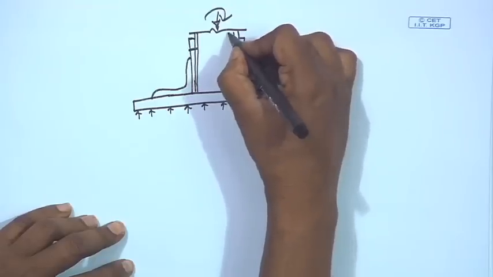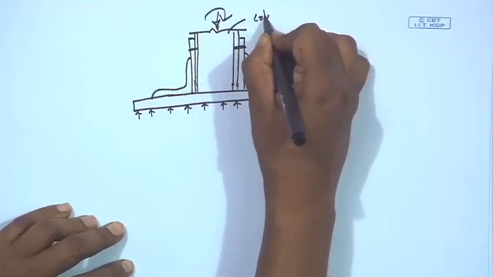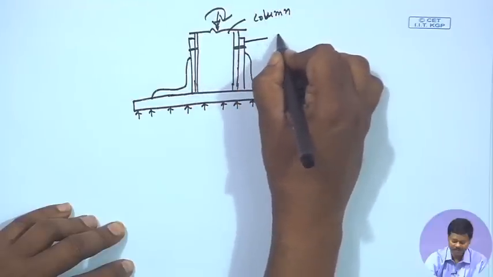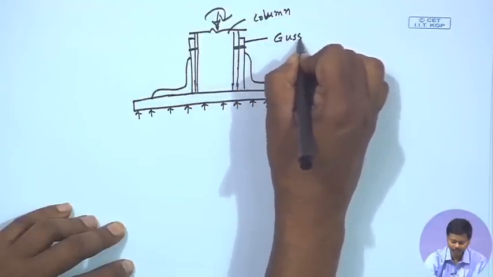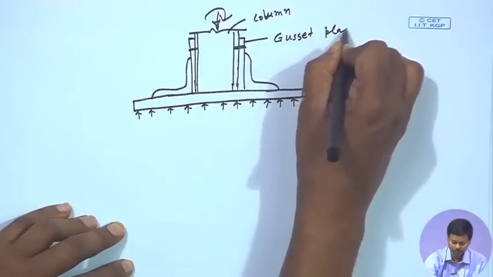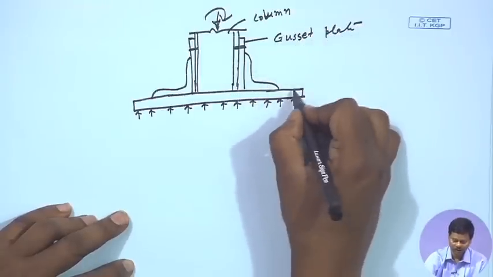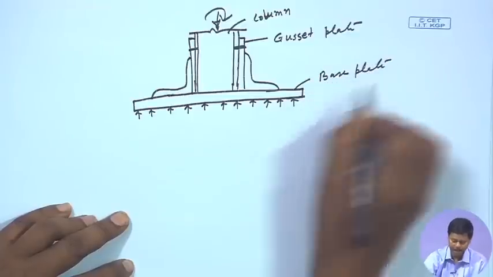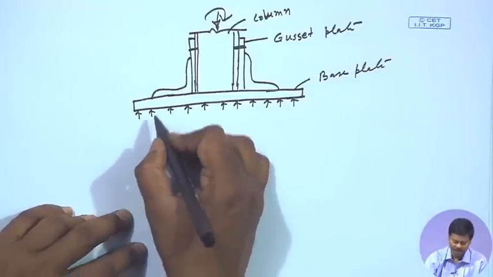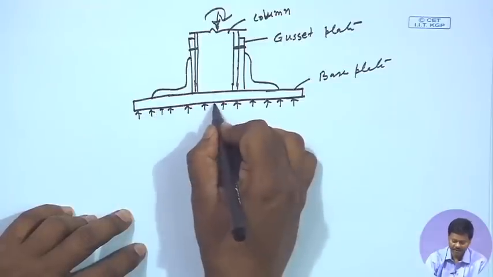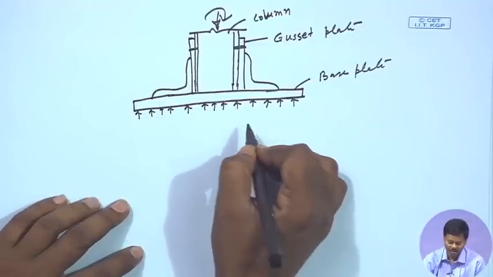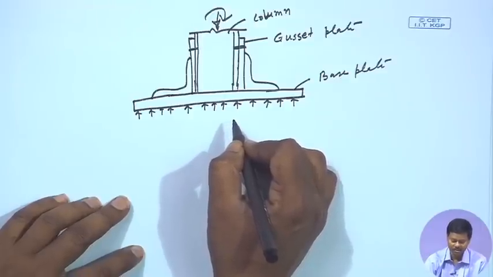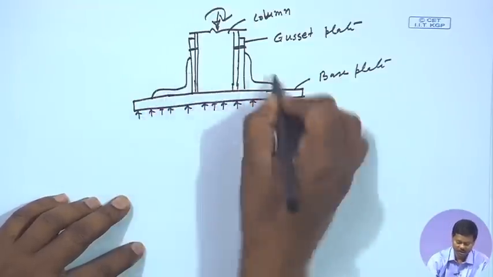This is the column, this is the gusset plate, and this is the base plate, and the base plate is undergoing the pressure coming from the concrete pedestal because of the reaction, and this is the gusset angle.